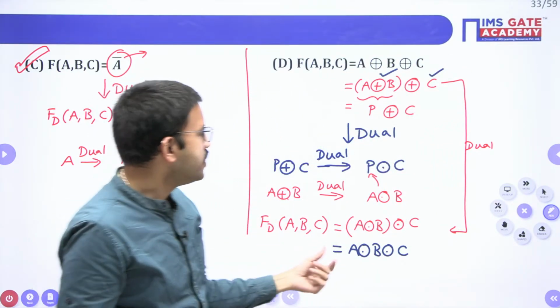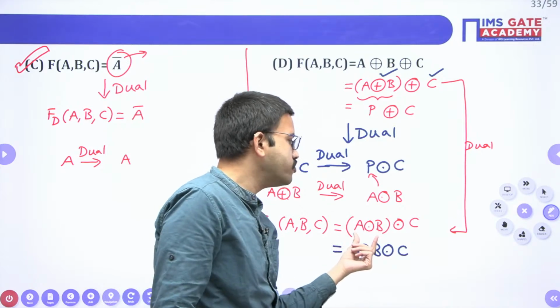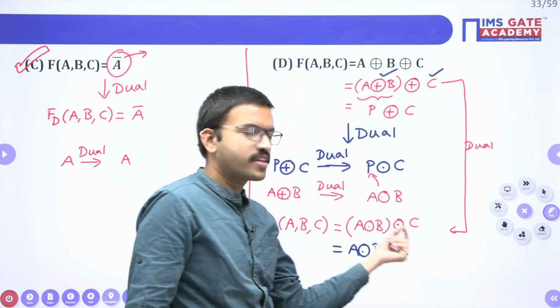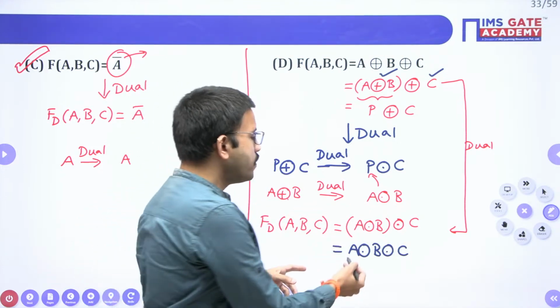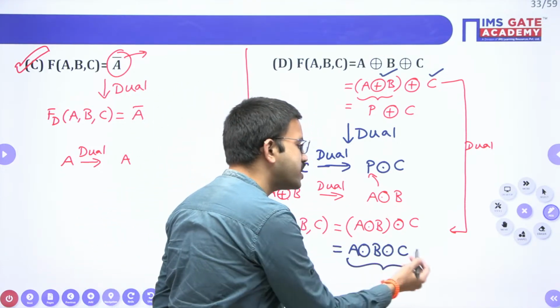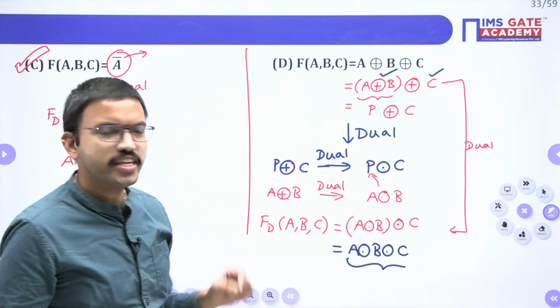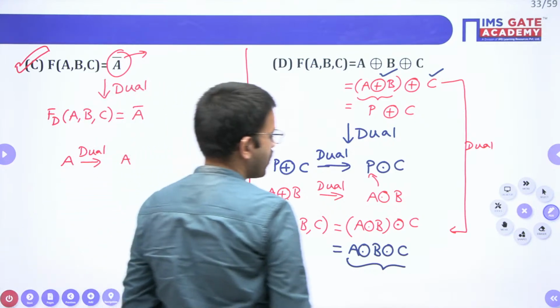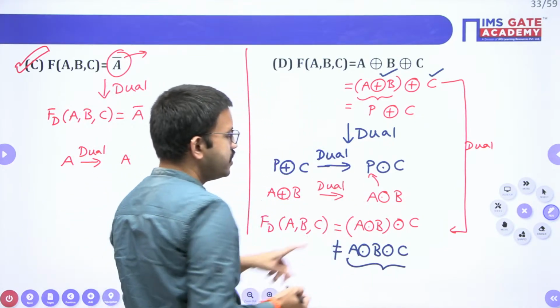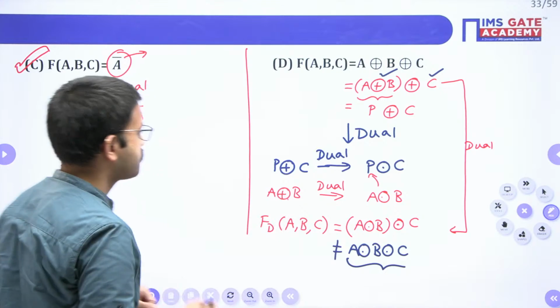But performing XOR among two variables and then with the third variable is not equal to performing XOR operation among three variables directly. Why these two are not equal, I will show.